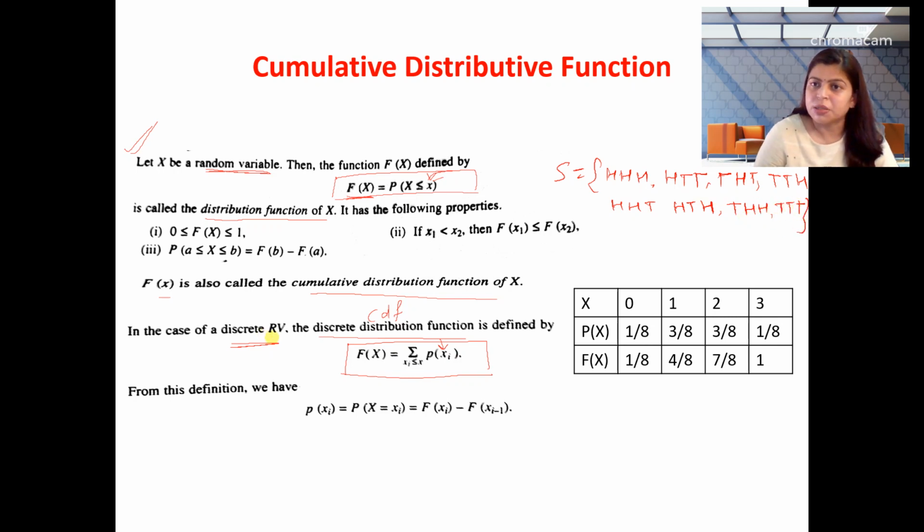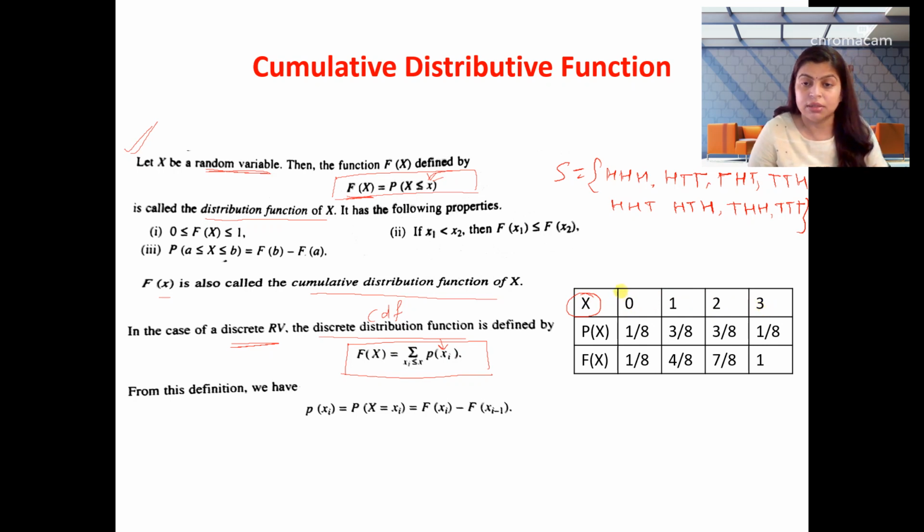This would be our sample space. Now, if I am just interested in how many heads we are getting, then X, which is a discrete random variable, will take 4 values.